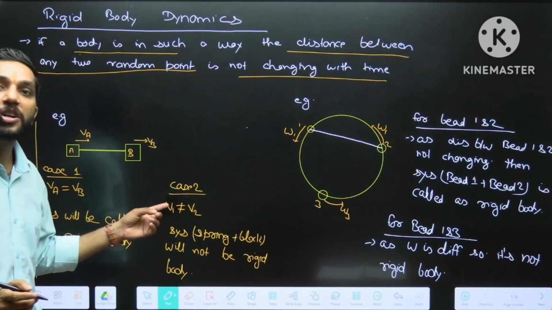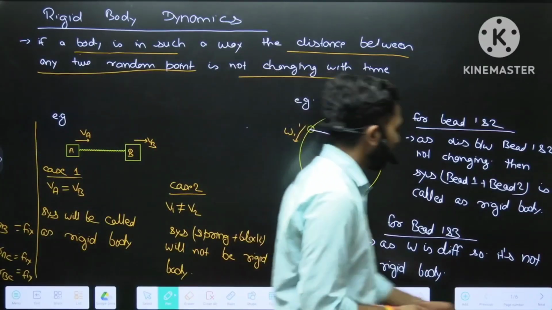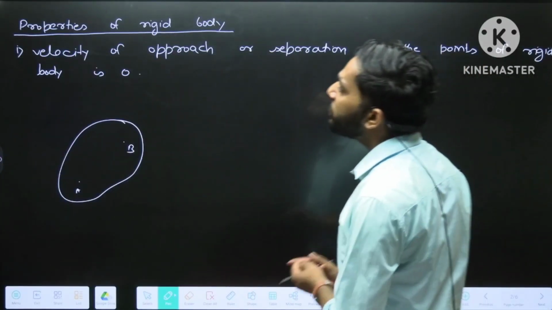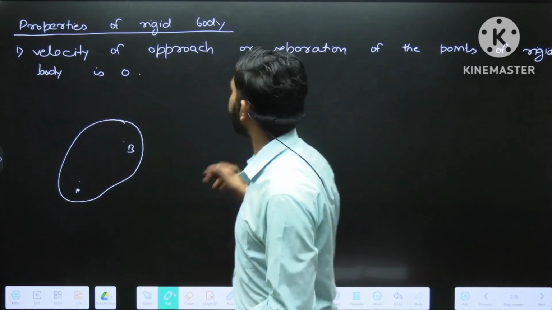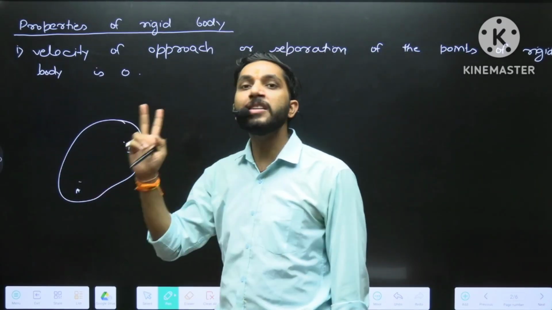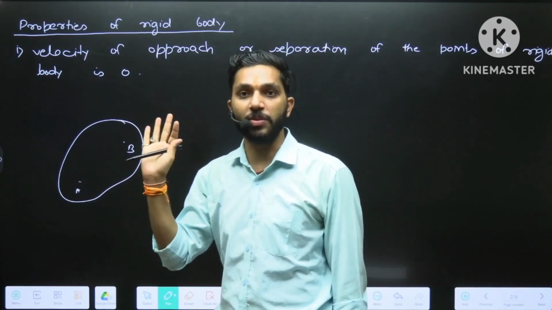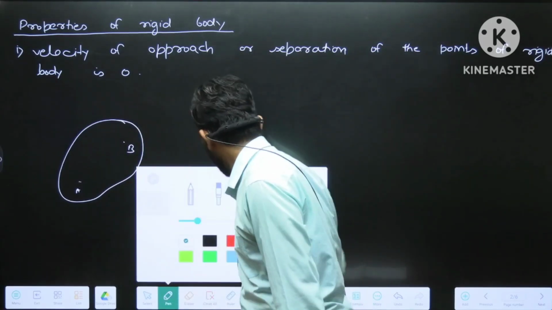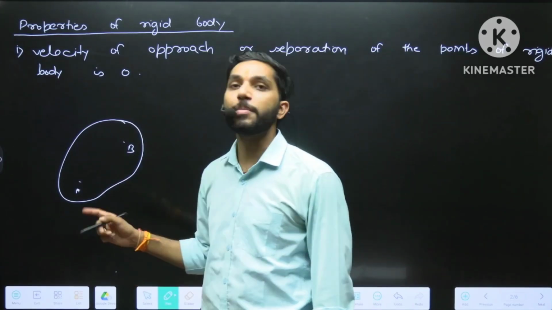Let us see some properties of rigid body. The very first property of rigid body is, in a rigid body, if we are taking any two random points, the velocity of approach or separation.